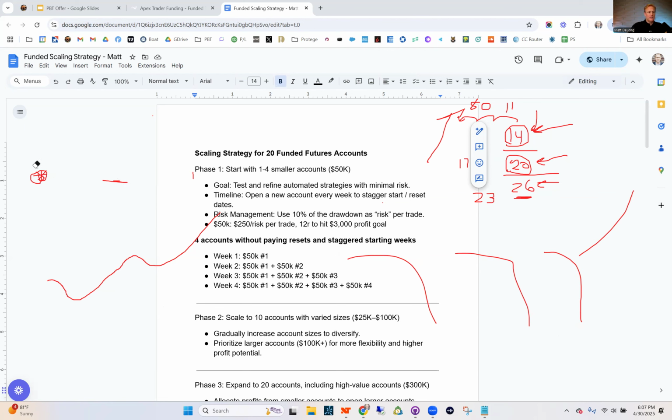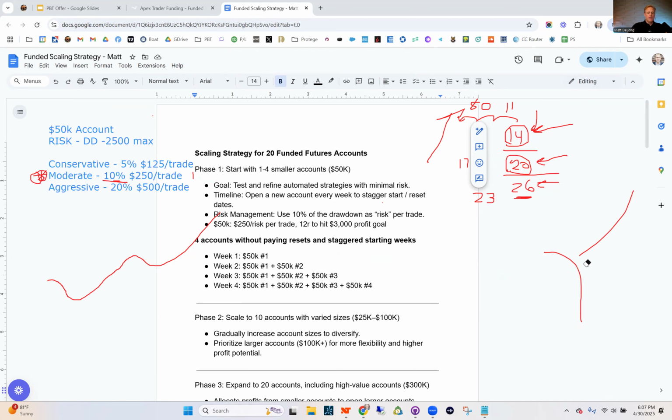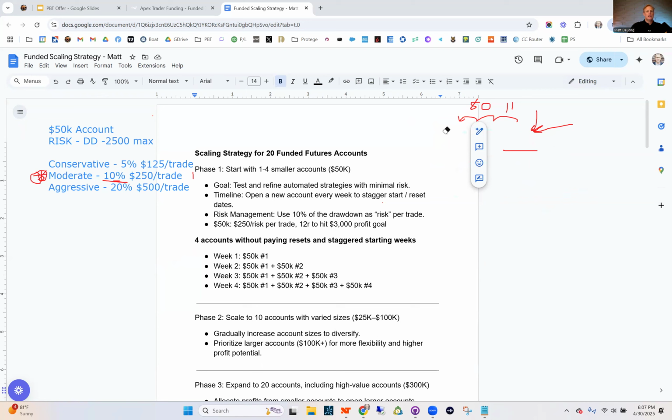Can't guarantee that because obviously the market has to cooperate, but you could have gotten it funded in 3 or 4 weeks. Whereas you try to go fast and you end up blowing up, and it took 3, 4, 5 times as long.